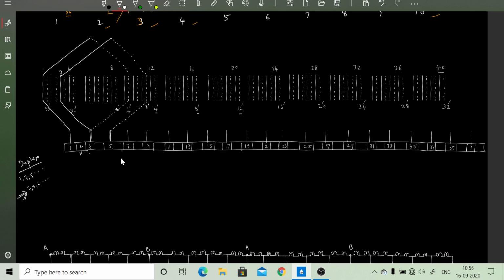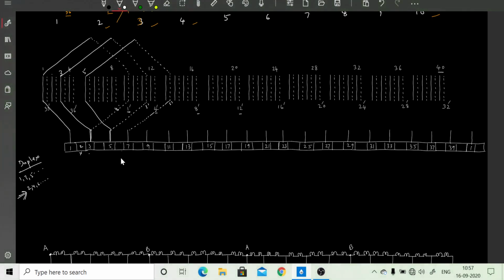Now again 5, this is the 5 upper coil side, connected to 5, and this is connected to 5 dash. This 5 dash is connected to 7, like this.